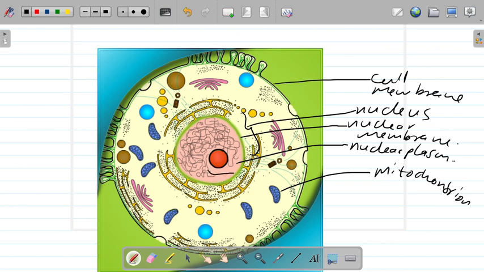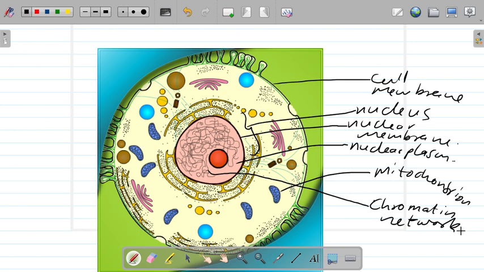Your DNA is in the form of what we call the chromatin network. It's your DNA, organized. When the cell starts to divide, it winds up and becomes what you call a chromosomes.